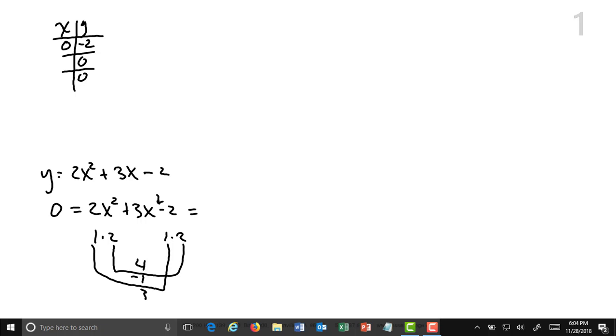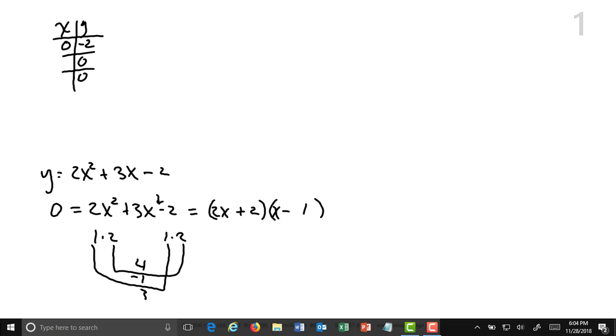So I'm saying that we can rewrite this as plus and minus. And obviously I'm going to have a 2x here, right? And an x, otherwise I'll never get back my 2x squared. But now I have to use another 2 and a 1, right? So if I put 2 here, let's say, for example, and a 1. Let's see if that's correct. 2x times x is 2x squared, right?